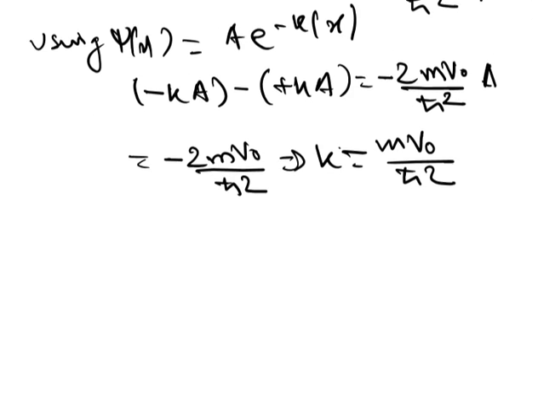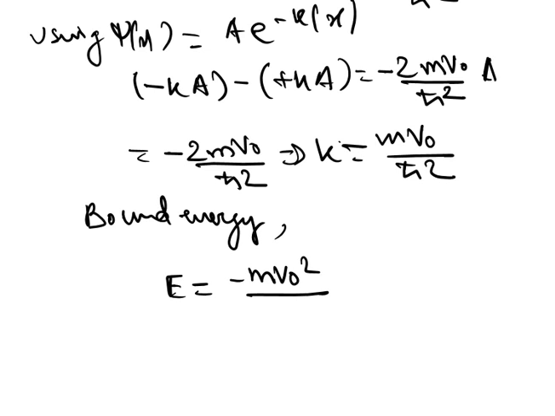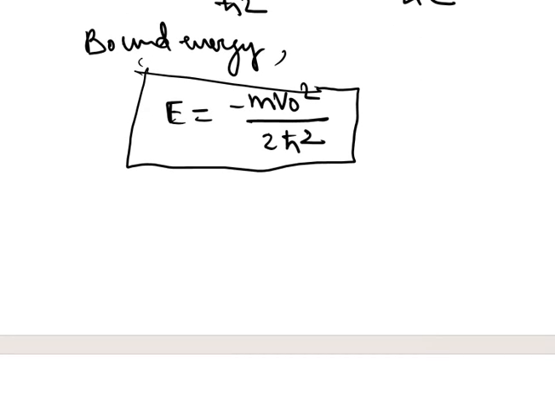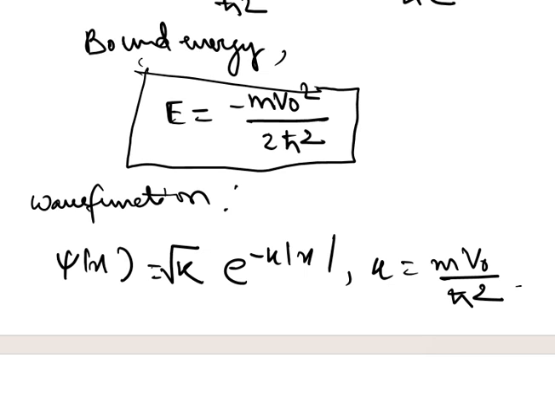So the bound energy we can write as E equal to minus m V0 square by 2 h cut square, and the wave function we can write as psi x equal to root over k into e to the power minus k mod x, where k equal to m V0 by h cut square, right?